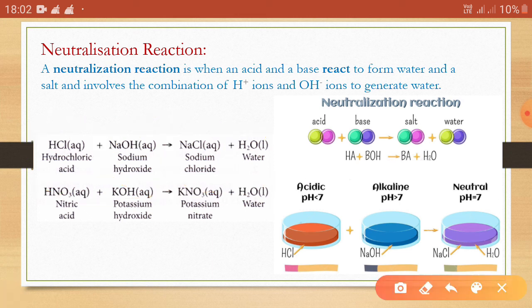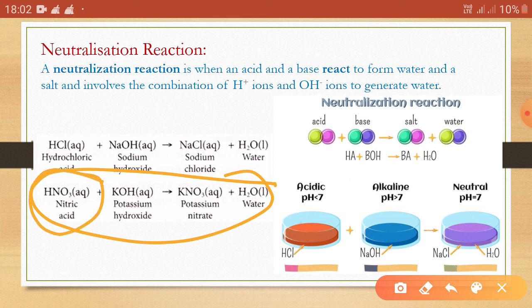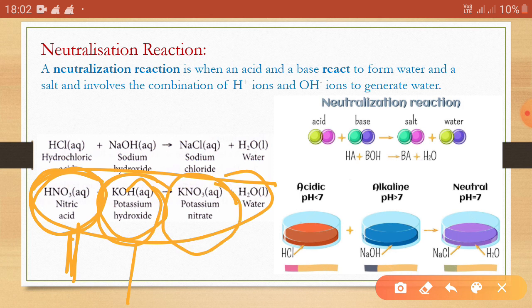So we can take another example. If we take nitric acid, that is HNO3, and KOH as the base, when the base and acid react, here the acid is nitric acid and the base is KOH, potassium hydroxide, it gives the salt potassium nitrate, KNO3, and water, H2O.